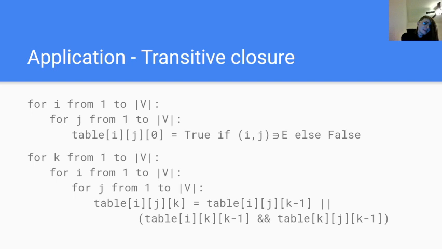In fact, the kth layer of this table is just the adjacency matrix representation of that transitive closure graph. It will have true in places where there is a path from i to j in the original graph, and false where there is no path from i to j in the original graph. It's just going to be the transitive closure.